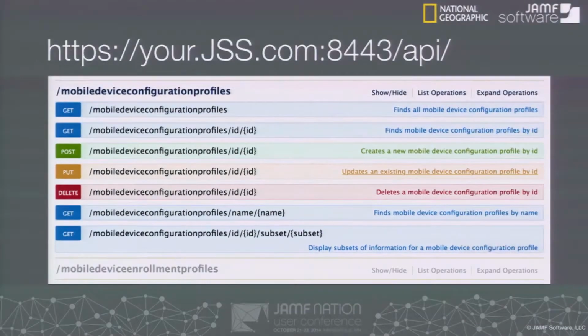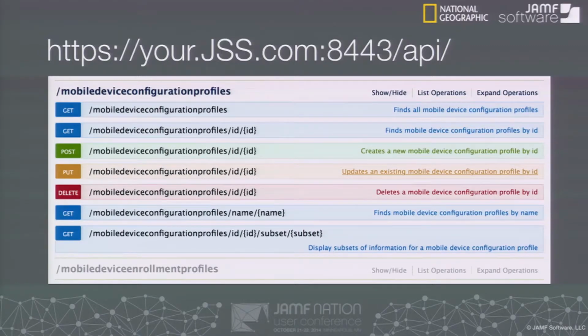To figure out how to do this, the API is built into your JSS. If you go to your JSS URL /API, you can see all the things that are exposed to you to read, write, create, and delete in the API. In this example, I've clicked on mobile device configuration profiles to expand the list and see everything you can do. At the bottom, I can see the last get there, which is read.